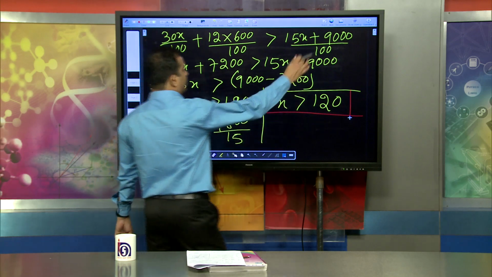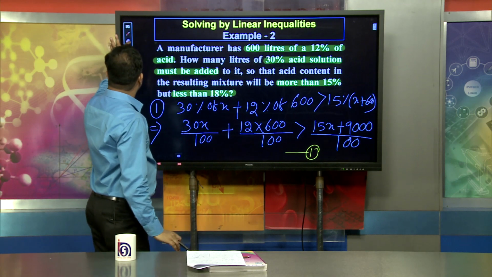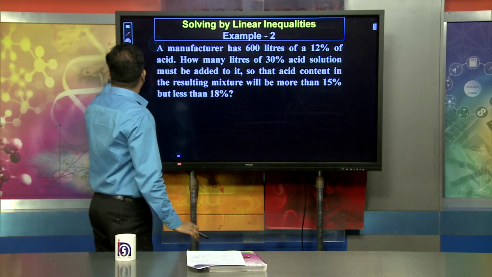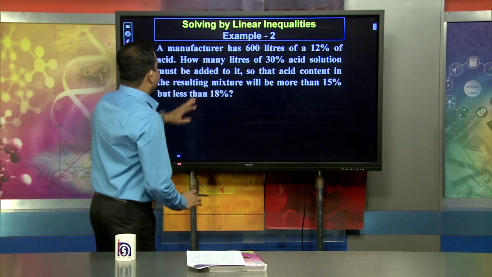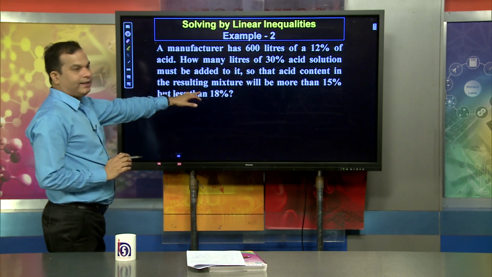Right, now we have to move to the second inequality. When talking about the second inequality, you will find the same things. The idea here is the case of less than 18%.